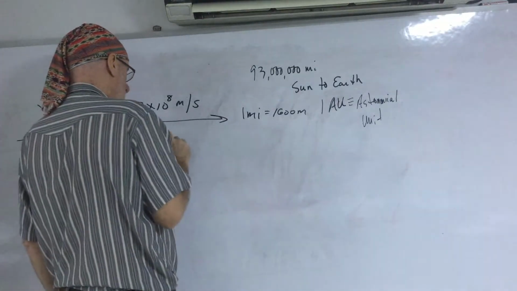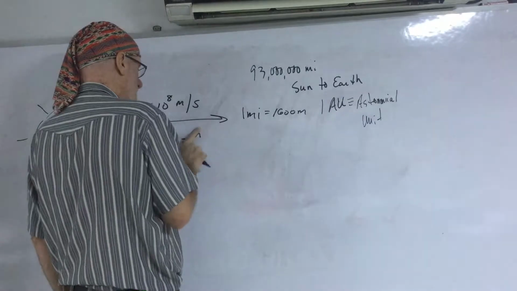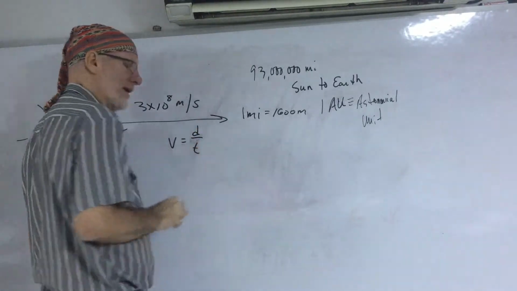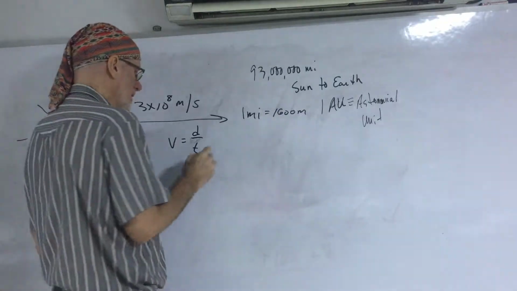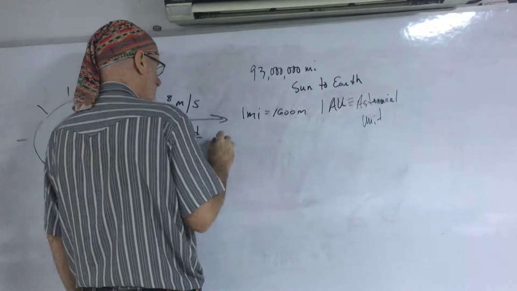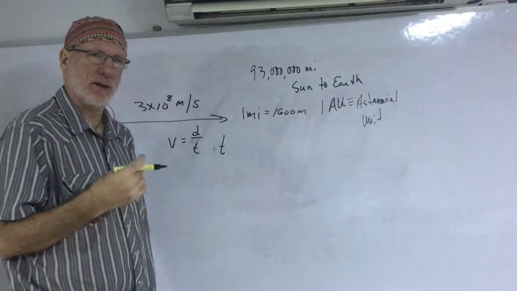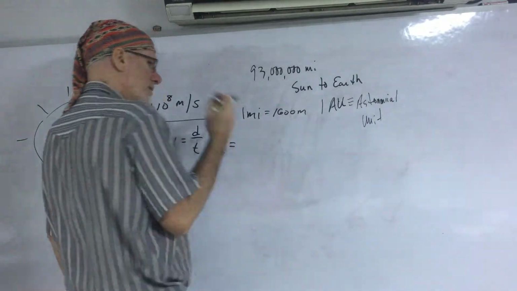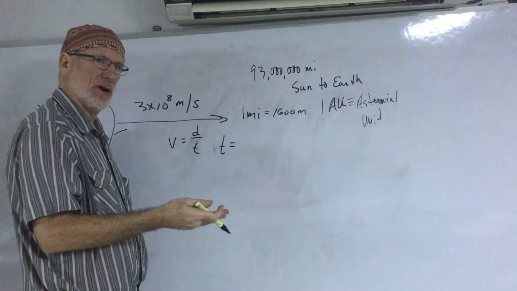I know that velocity is distance over time, right? So are we looking for time? How long does it take the light to go from the sun to the earth?